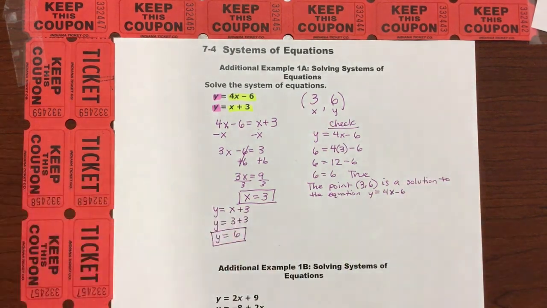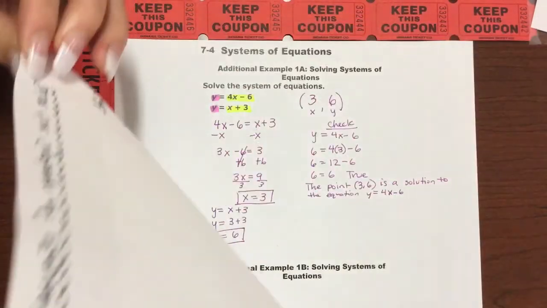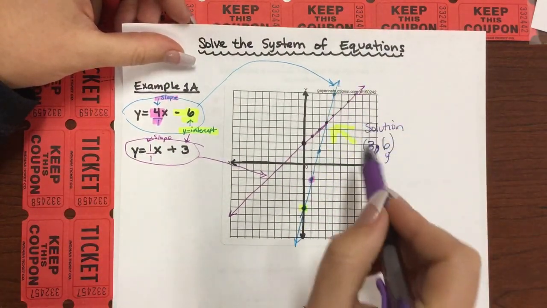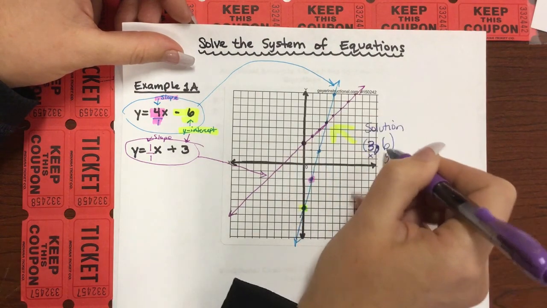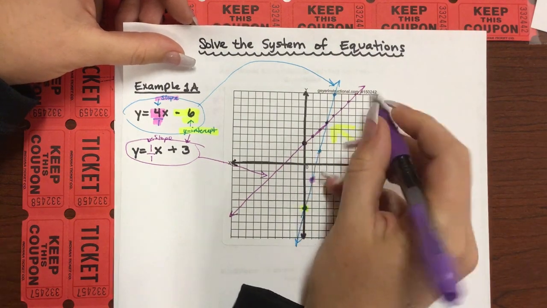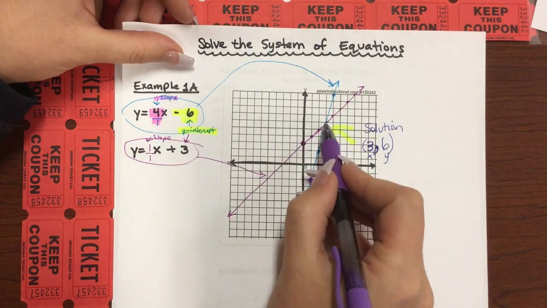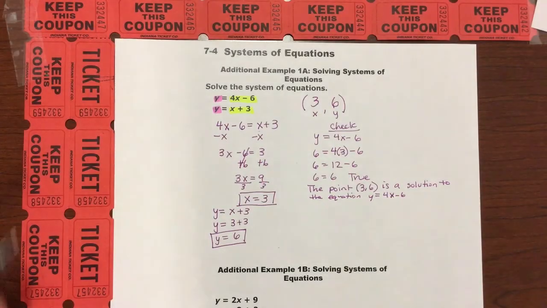Now, what that means graphically is that, remember, this is our equation right here. Which one did we do first? Yeah, the 4x. It's this one. A solution to this means that it's a point on the line. So 3, 6 is a point on the line y equals 4x minus 6. It's that point on the line. That's what we just found.